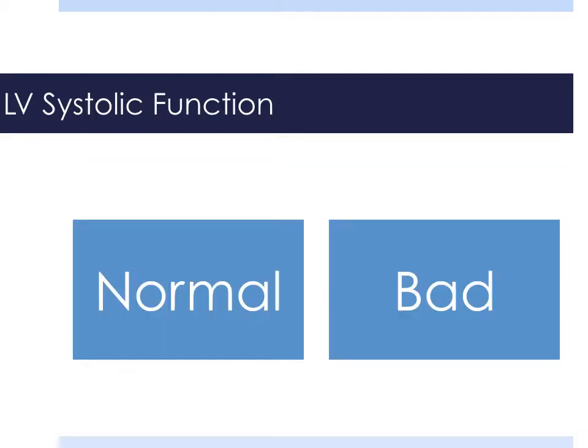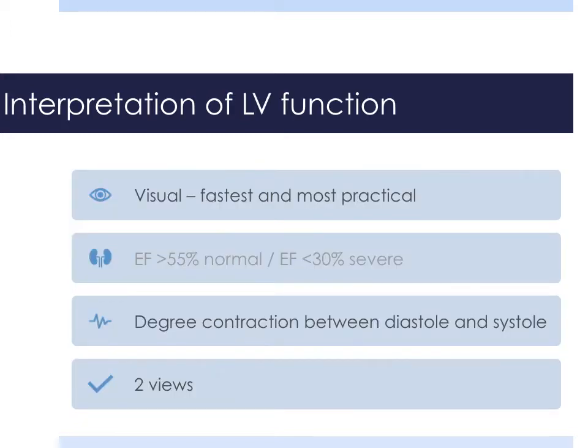The finding we need to get when assessing the left ventricular function is whether the function is normal or bad. It's very often a binary finding. To assess it, we perform a visual, qualitative assessment, which is usually the fastest and most practical.